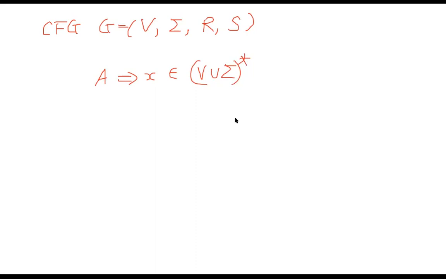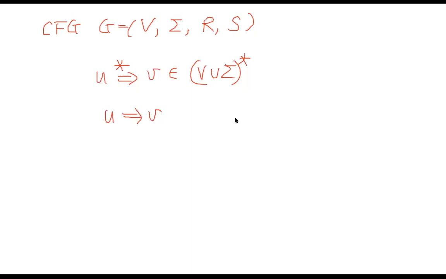When we say A derives this, we first define a one-step derivation. Let's say U goes to V. This is one step.